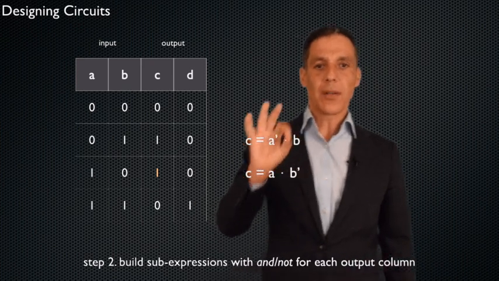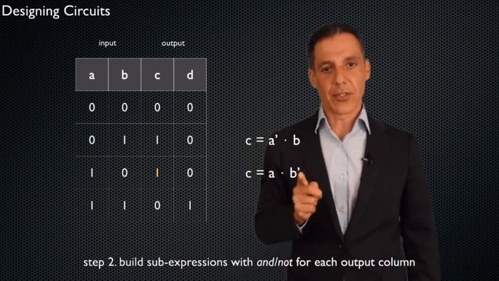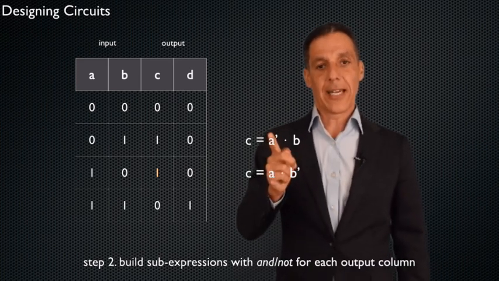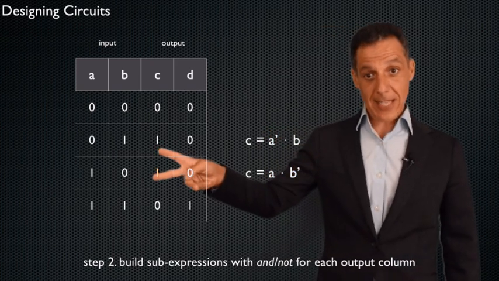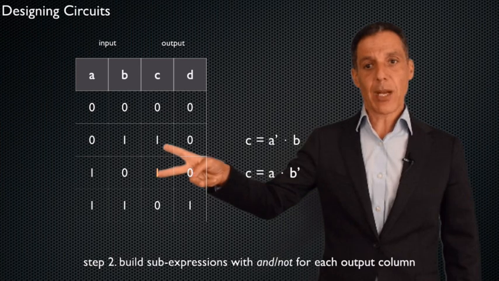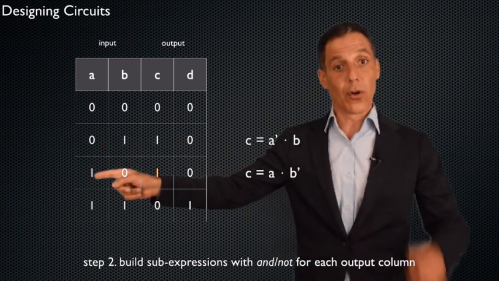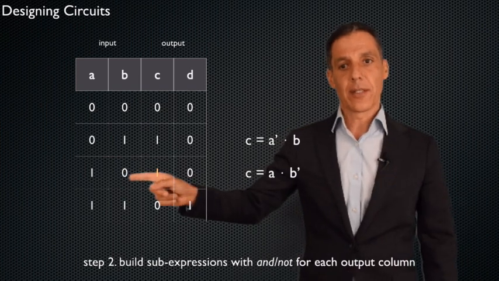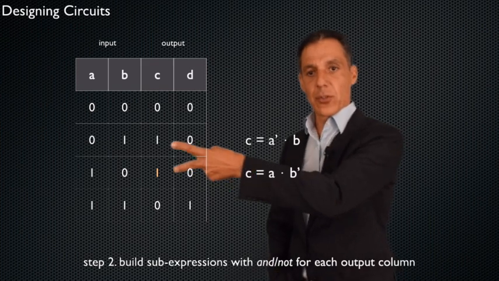AND is going to be 1 if and only if A is 1, B is 0 in this sub-expression, and in this sub-expression, A is 0 and B is 1. And notice that's exactly what I want. I want C to be 1 when A is 0, B is 1, or A is 1 and B is 0. So these two sub-expressions capture those two rows.